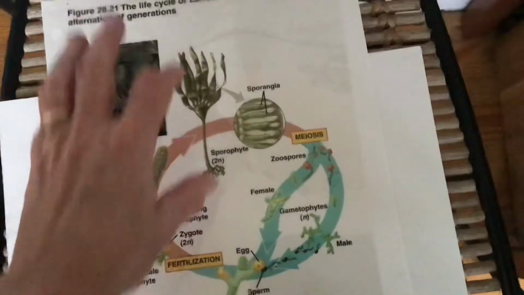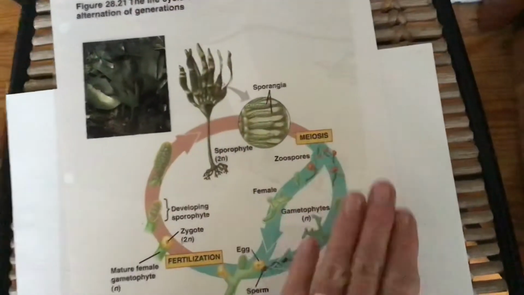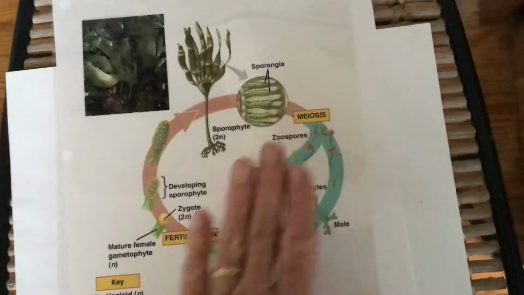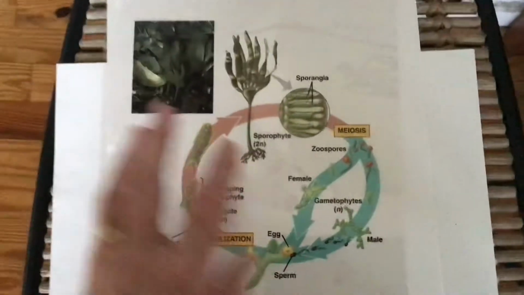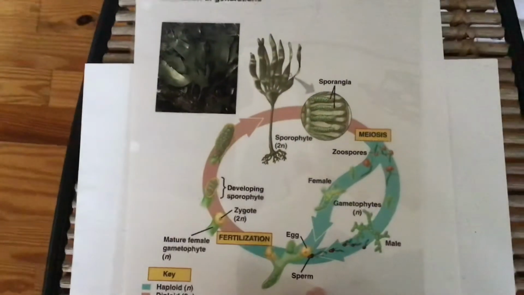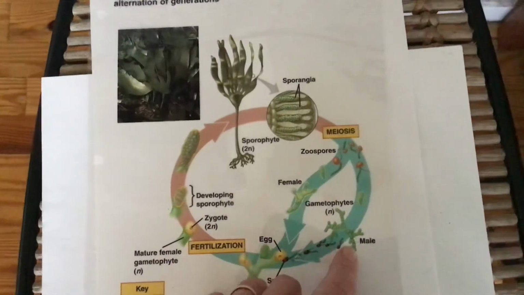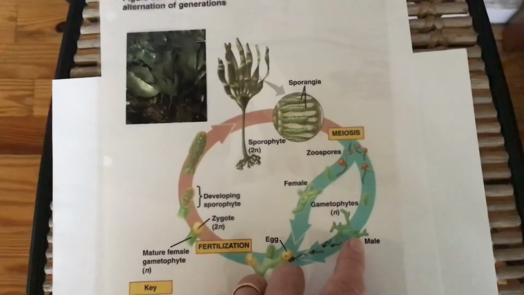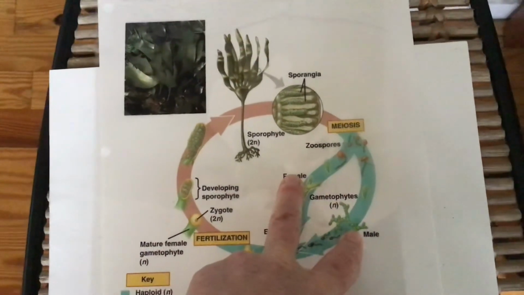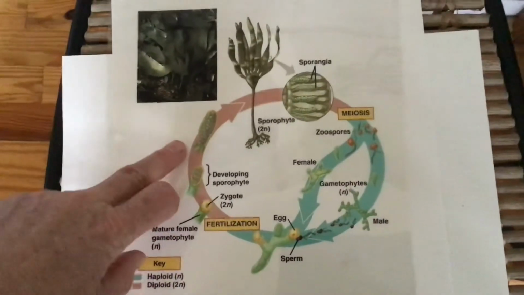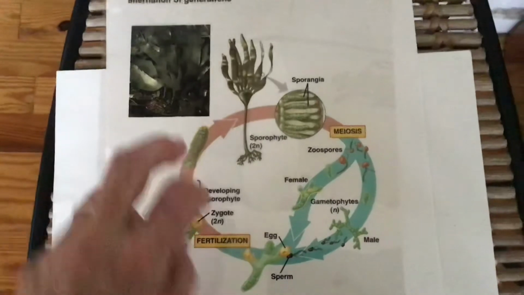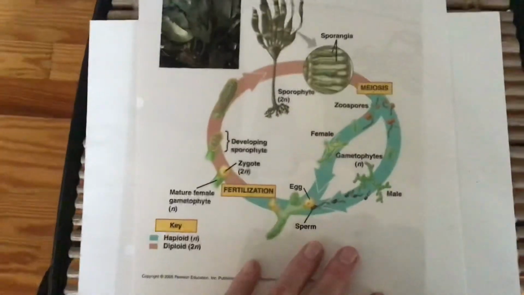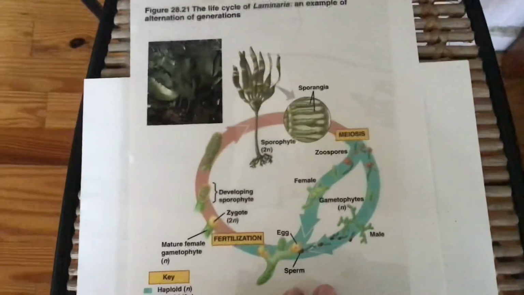This grows into the plant-like thing. So this would be the asexual part of the life cycle, and this is, of course, the sexual part of the life cycle. This is what is called alternation of generations. These structures that are multicellular are haploid, and these structures over here that are multicellular are diploid, hence the term alternation of generations. But we'll talk more about that concept later.